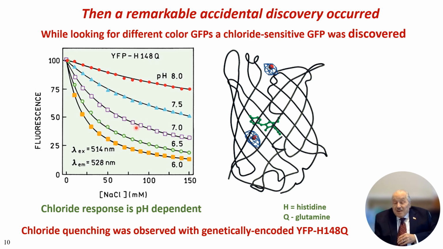But you usually don't know the exact pH inside a cell, or the exact pH where the probe is located. So this very much restricted the use of this chloride-sensitive GFP.